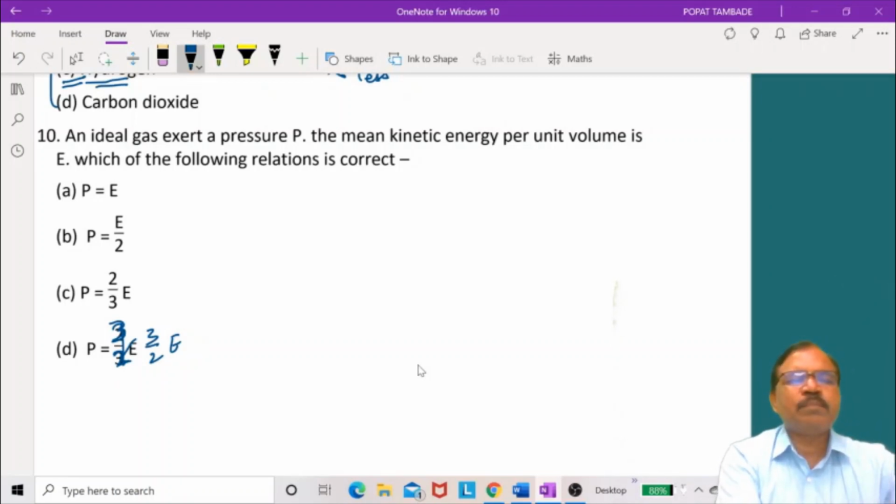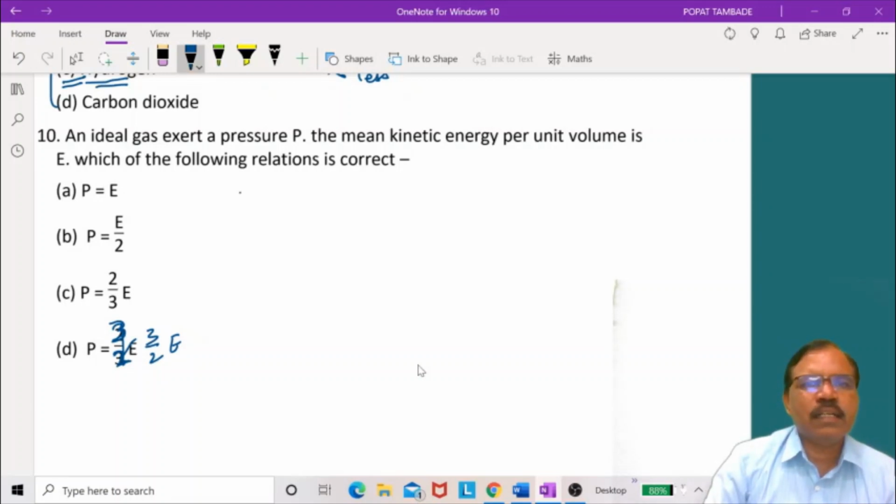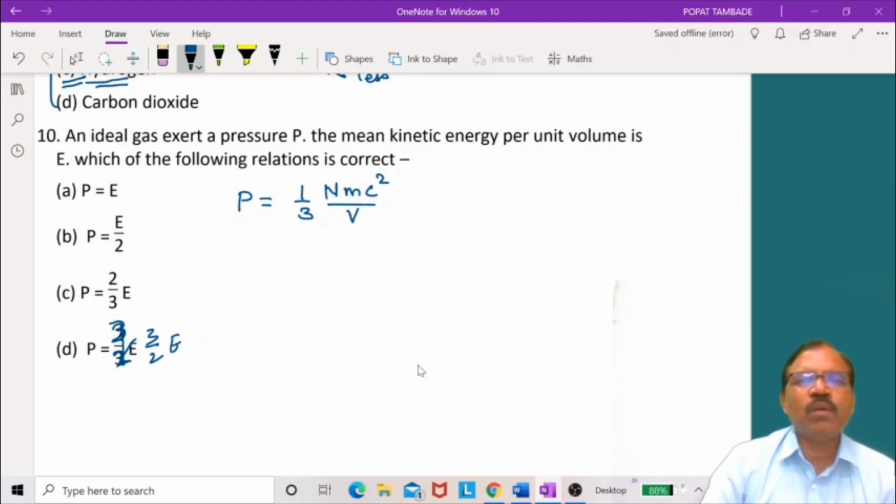We know what is pressure. Pressure is given as 1/3 N M C square by V, where V is volume, C is RMS speed, M is mass of each molecule, and N is number of molecules in the container.